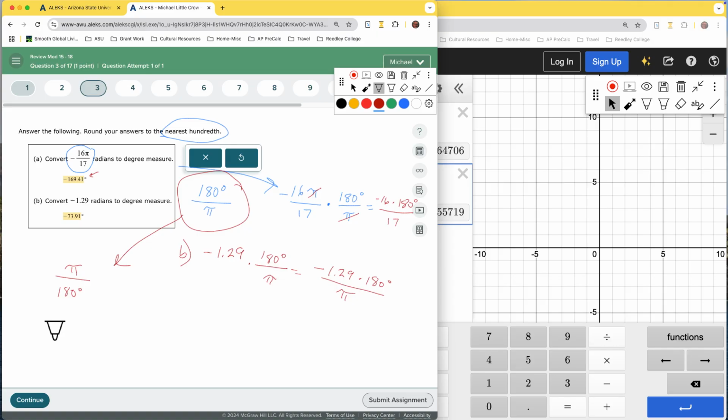So this one is for going from degrees to radians. This one is going from radians to degrees.